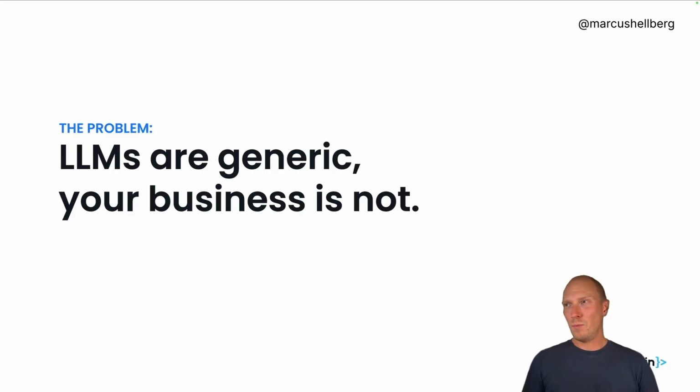There's a big problem when we're building an AI-powered application specifically for a business or for a hobby project, and that is that LLMs are generic in the way that they work, whereas the problems that we're trying to solve in our business or in our hobby projects are not generic. They are very specific to a certain context where we are. And in order for the AI to be useful to us, we need to somehow give it more information about our context, give it the ability to somehow interact with our system.